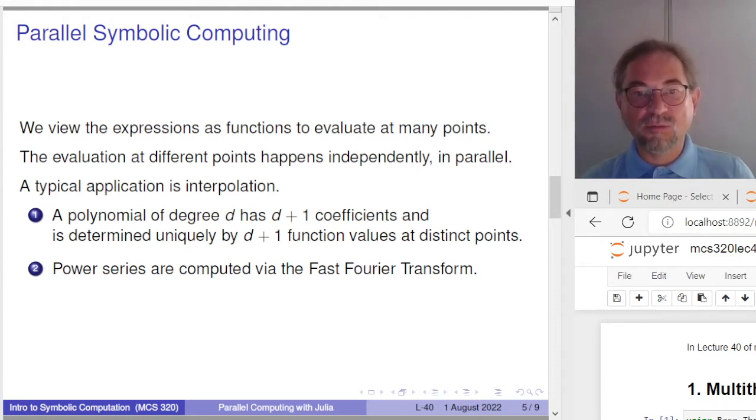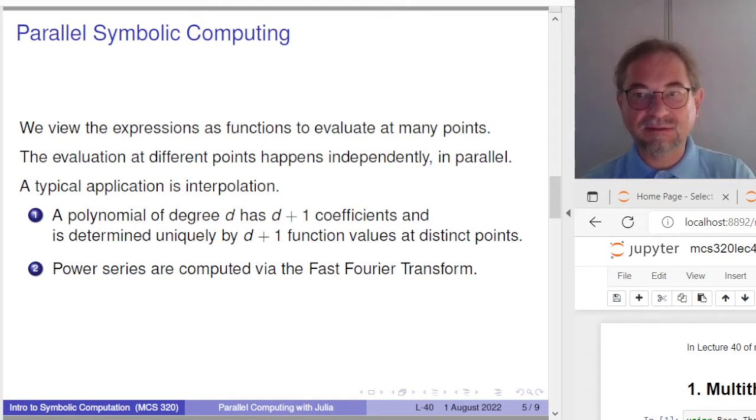One can look at a polynomial as defined simplistically. A polynomial in one variable of degree d has d plus 1 coefficients. And in numerical analysis, the sequel course that follows this course, we will see that you can determine uniquely a polynomial by d plus 1 function values.